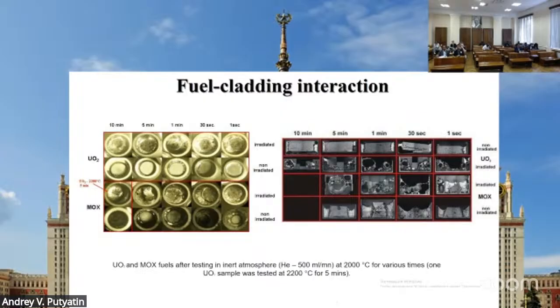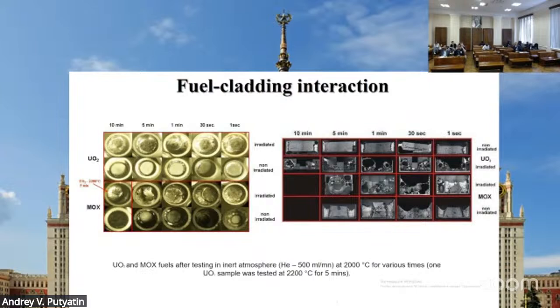And you see that non-irradiated fuel, so again, you have a fuel pellet surrounded by cladding, depending on the duration of the experiment, ranging from 1 second to 10 minutes, is behaving more or less regularly. Irradiated fuel reacts more readily.